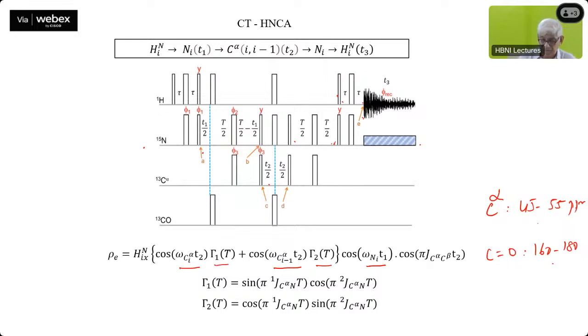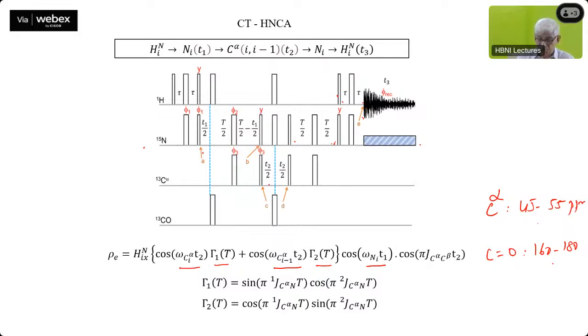Gamma 1 and gamma 2 are proportional to the C alpha nitrogen coupling constant and the time T, the constant time period. This is the one bond coupling constant, and this is the two bond coupling constant. Gamma 1 has this combination, and gamma 2 has this combination. So this determines the intensities of the individual peaks.